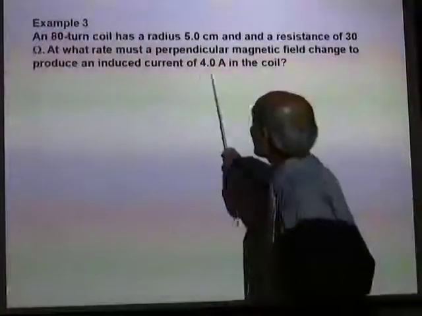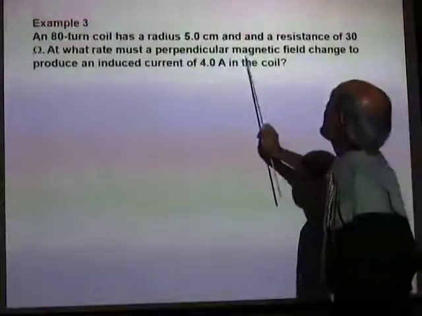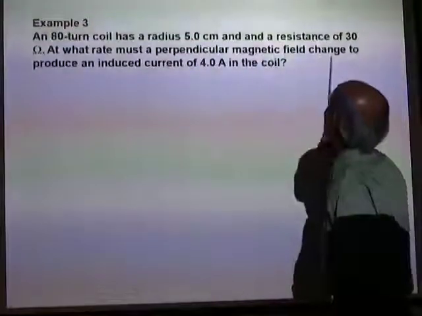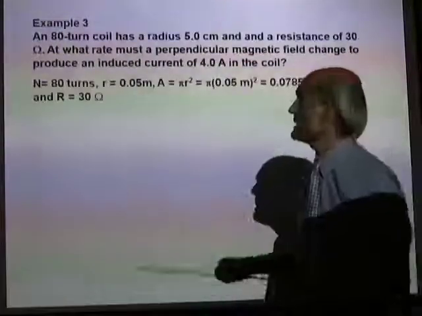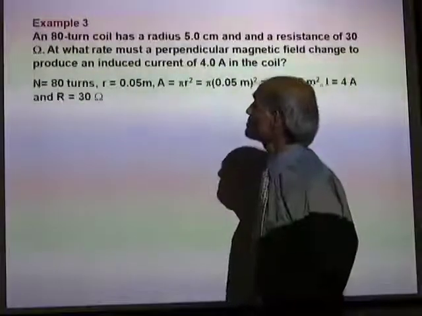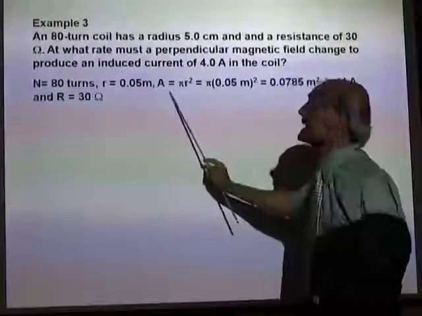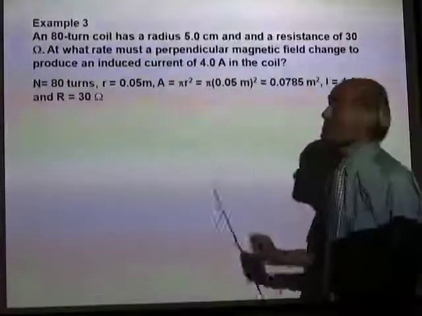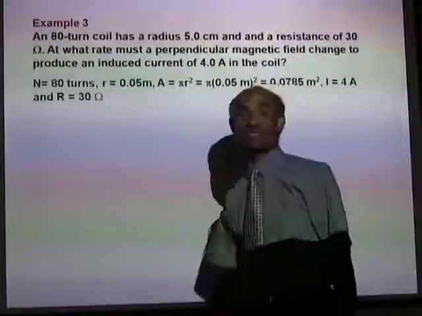So here you are given the induced current. You need to find the rate at which the magnetic field changes. What is dB by dt? So we got N equal to 80 turns. The radius is given, therefore we can find the area of cross-section, pi r squared. And the current is known and the resistance is known.